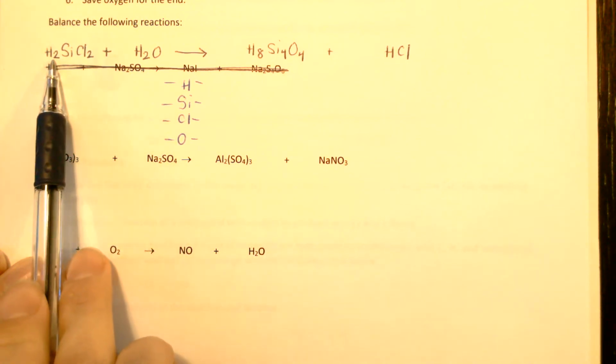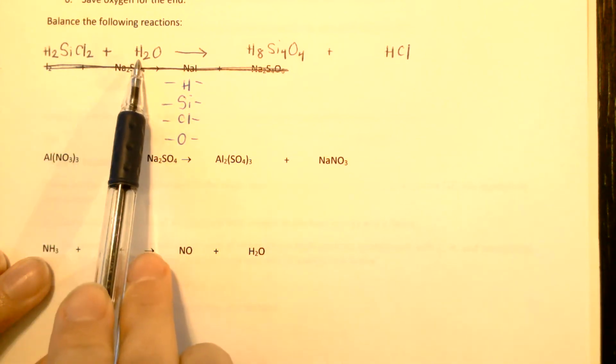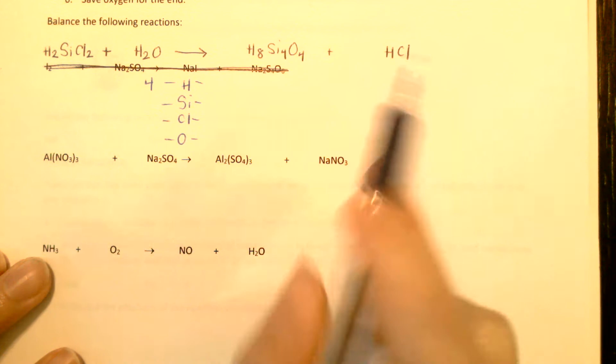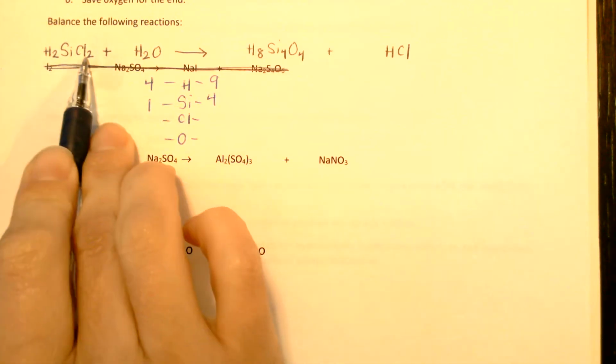I have 1, 2 hydrogens here and 1, 2 hydrogens here, which gives me 4. On this side, I have 8 plus 1 here, which gives me 9. For my Si, I have 1. On this side, I have 4. Cl, I have 2. On this side, I have 1. And then oxygen, I have 1, and on this side, I have 4.